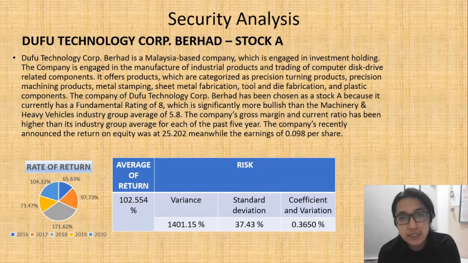For the CV, or coefficient of variation, we want to make sure that the CV is lower. The lower, the better. That is why we chose Dufu Technology, because it has lower than 5%. Thus, it makes it a good movement for the market.